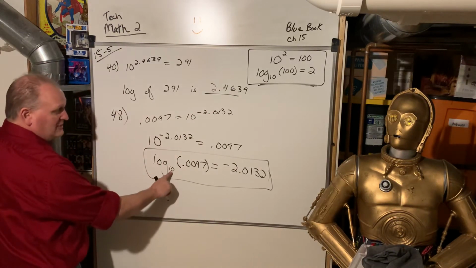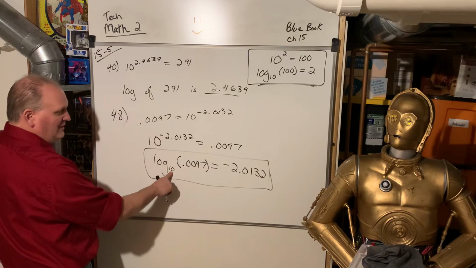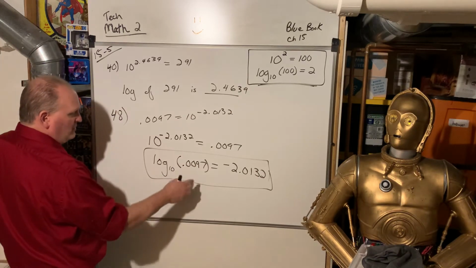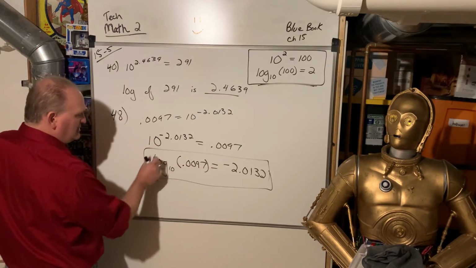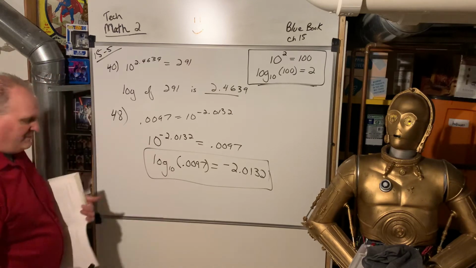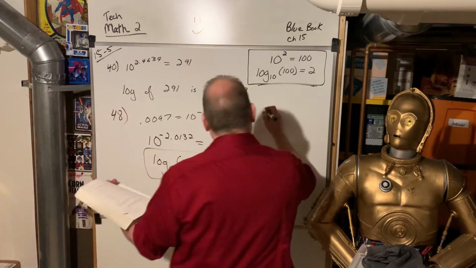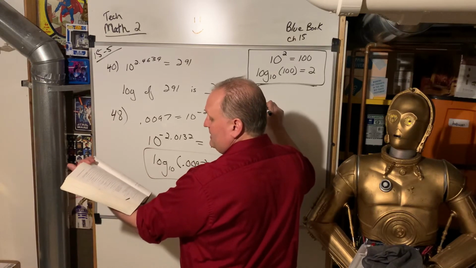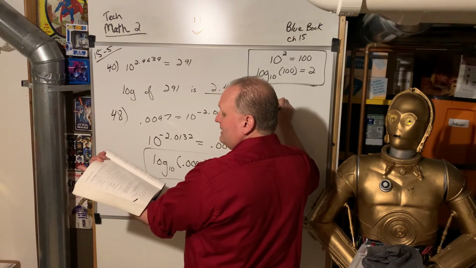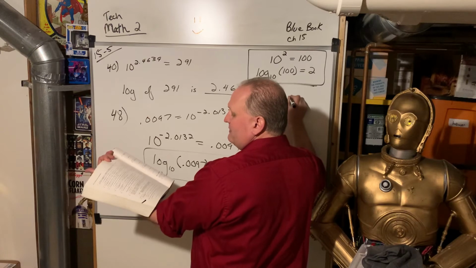Some people, you don't need to do that. Also, another thing you can leave out, this is optional, you can leave that 10 off of there. When you just see log, that means log base 10. So if you don't have it down, it's not a big deal. All right, and then let's do part B here on 48. Again, you will likely get the hang of this pretty quick.